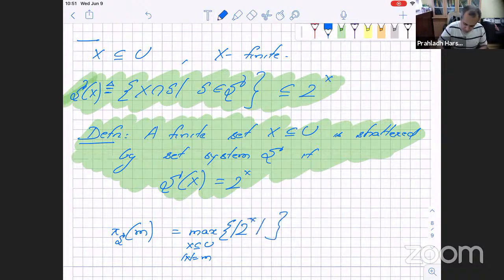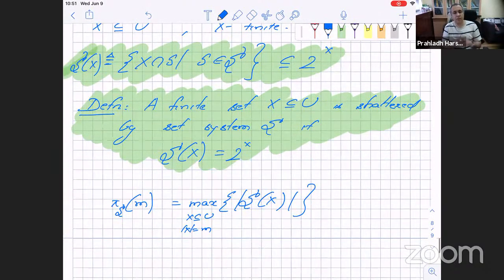Pi m is the largest number of subsets into which a set of size m is broken.